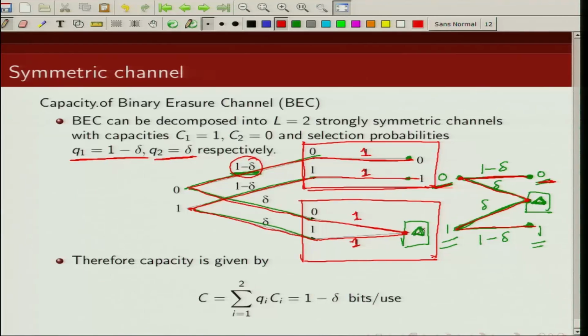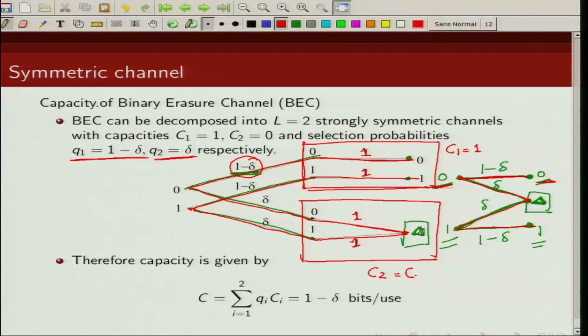We already know the expression for the capacity of a strongly symmetric channel, so just plug in the values. J in this case is 2, so log of 2 is 1, and the transition probabilities are 1 and 0, so the contribution due to H of Y given X will be 0. So, the capacity of this will be 1. Similarly here, J is 1, so log of 1 is 0, and these probabilities are 1.